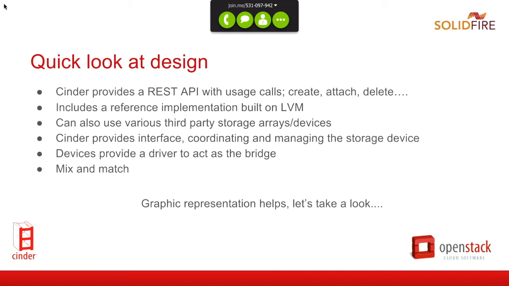For instance, creating a volume, which would be the idea of creating a flash drive or a USB stick in my previous analogy. Attaching it, so plugging it into an instance, deleting it, detaching it. It goes on and on, the different calls that you can make.